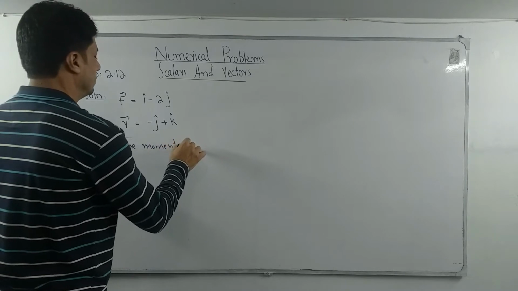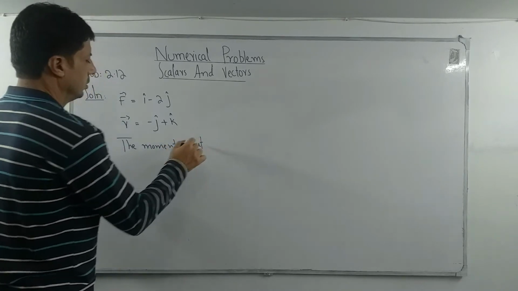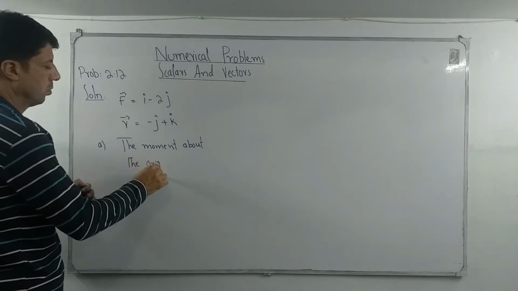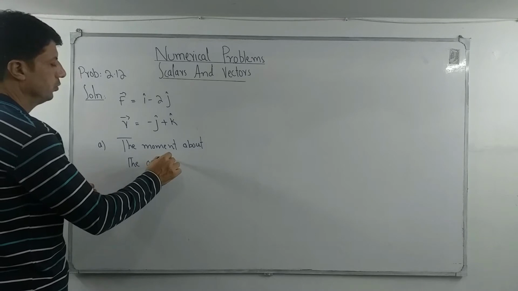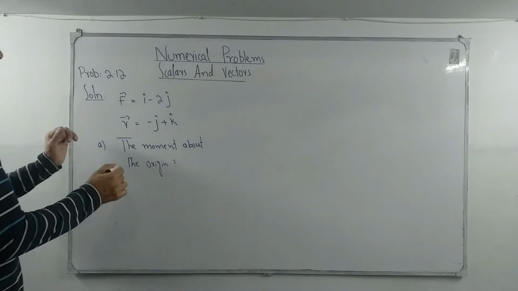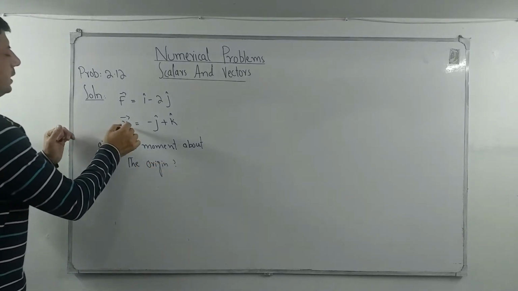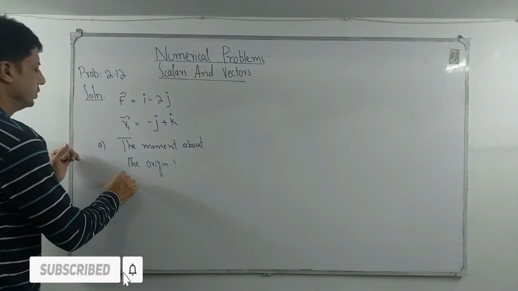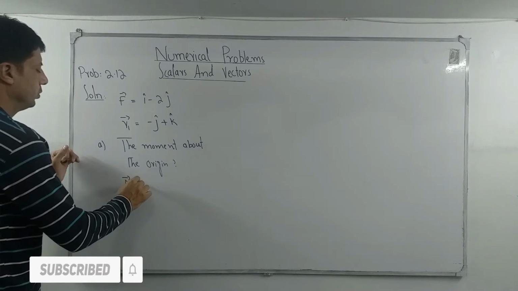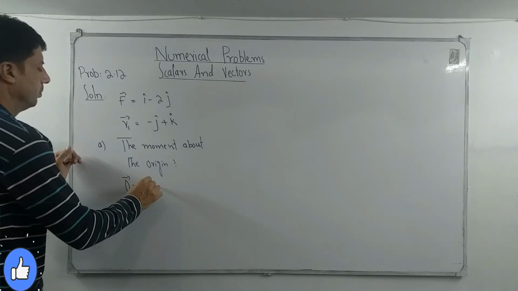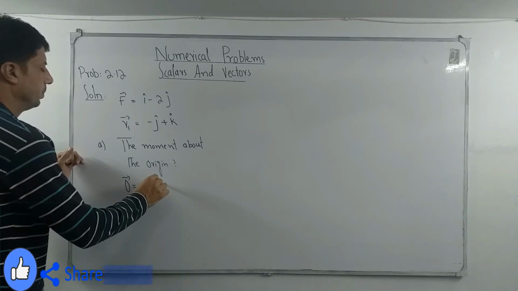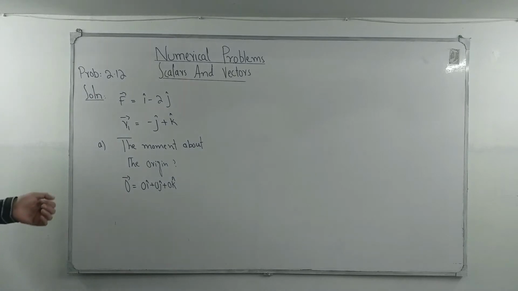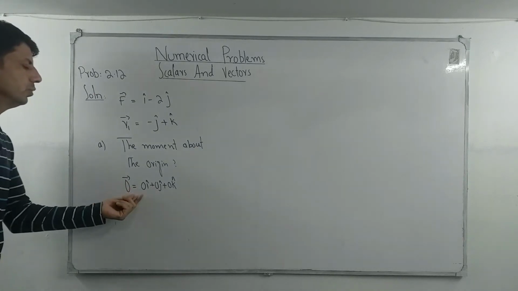If we take it as R1, then the position vector for the origin will be equal to 0i plus 0j plus 0k.